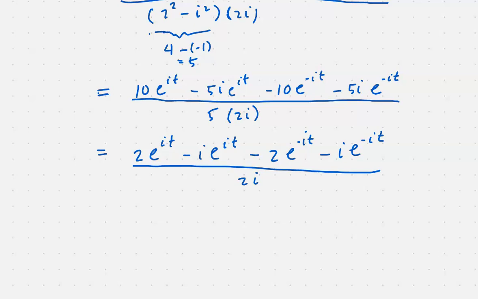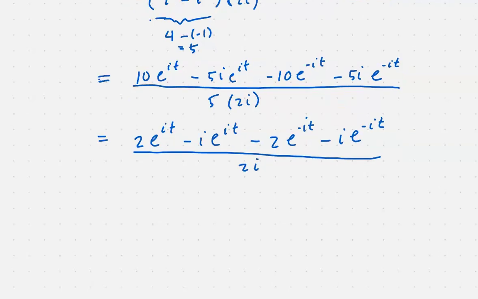We have 2 e raised to it. Then we must subtract 2 e raised to negative it. So we just combine them because both of them have real coefficients. Okay, we don't have I there. The next, we're going to have minus I e raised to it minus I e raised to negative it. Everything is divided by 2i.